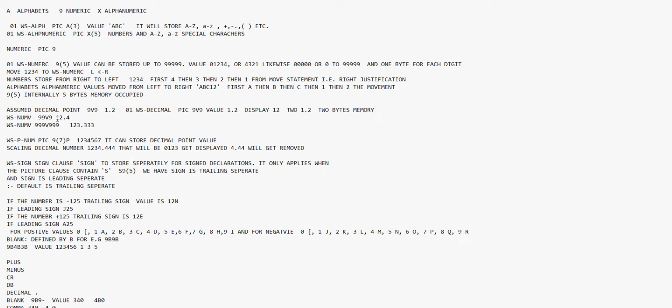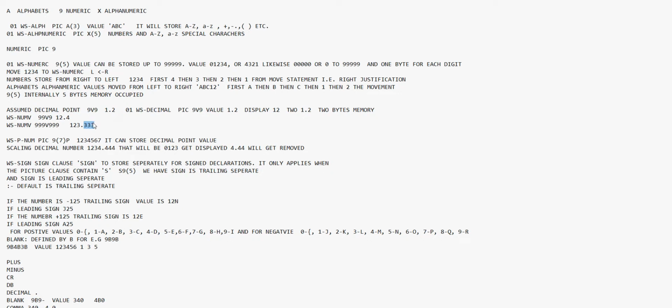Likewise, if we mention 99V999, we have the whole number, the decimal point and the decimal digits. The number of 9s before the V is the number of digits of the whole number, and the 9s after it are the decimal digits: here only one digit after the decimal, and here 3 digits it will store.